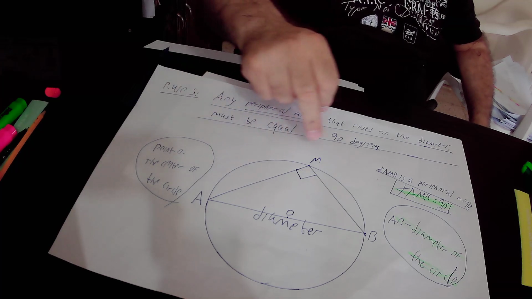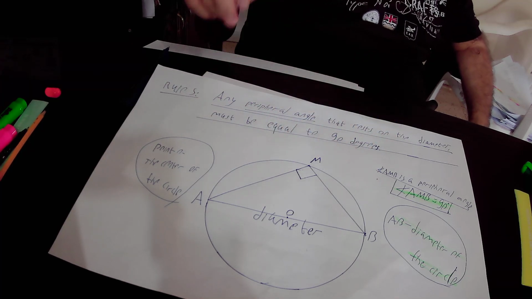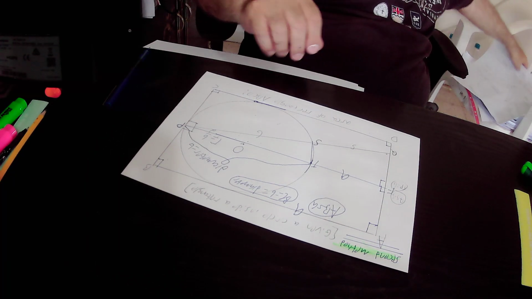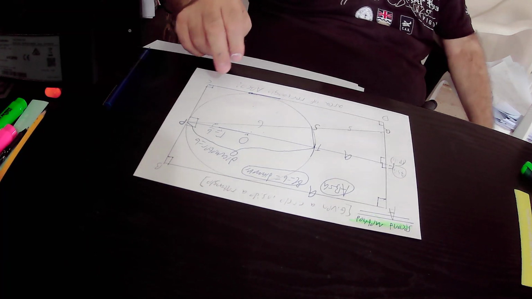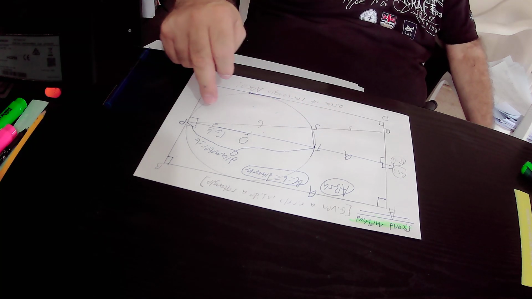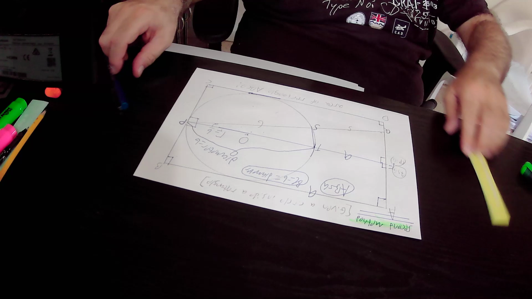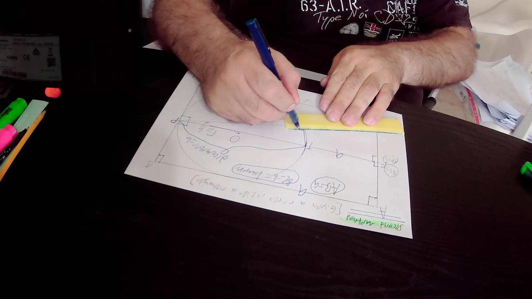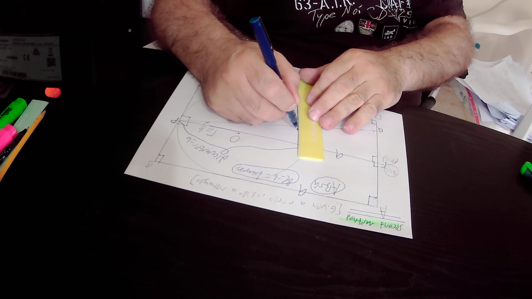Therefore, peripheral angle ASB must be equal to 90 degrees according to rule number 5. We can implement rule number 5 in our drawing because we have peripheral angle TSP that rests on TP, that is the diameter of the circle. Therefore, peripheral angle TSP must be equal to 90 degrees according to rule number 5.